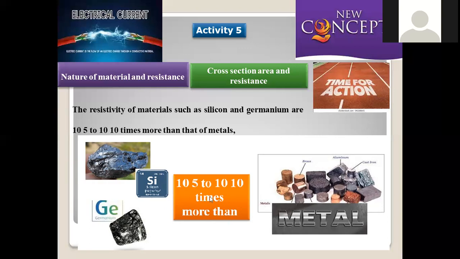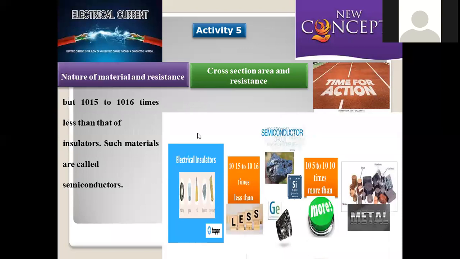So when resistance is more than metals, what happens? They offer less conductance when compared to metals. Metals are extremely good conductors, but in silicon and germanium, partial conduction will be there because of their high resistance. Now, there is a bridging nature we are going to discuss. They are 10 to the power 15 to 10 to the power 16 times lower than insulating materials.